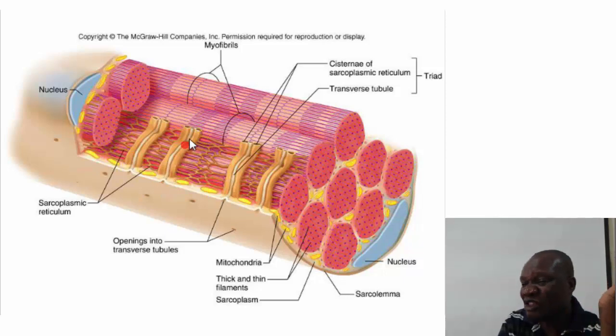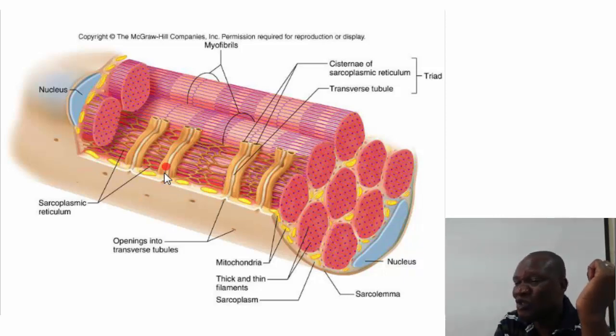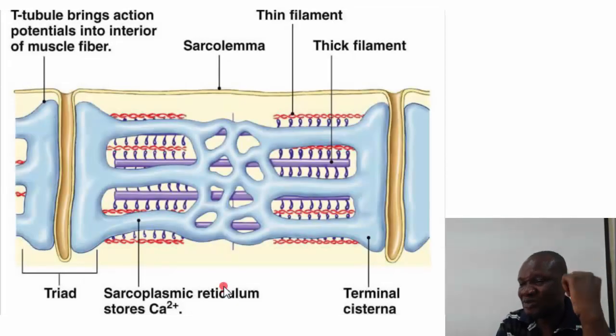Now, each T-tubule is sandwiched between two terminal cisterns. And these three structures constitute what we call the triad. Now, going back to this diagram, this is our terminal cistern, this is another terminal cistern, and they are sandwiching the T-tubule.